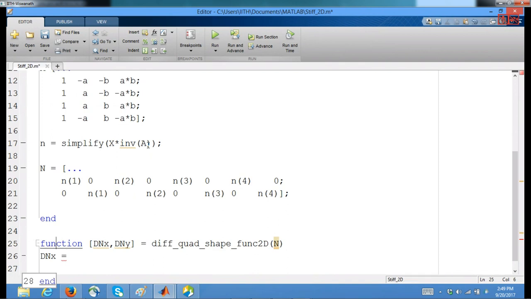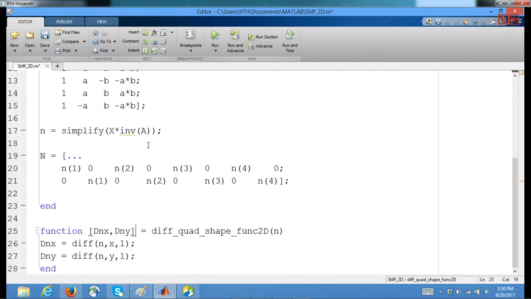I will take it with respect to small n so that it will be much easier for us to deal with it. So dnx is equals to diff n comma with respect to x, and dny is equals to differentiation of n with respect to y.